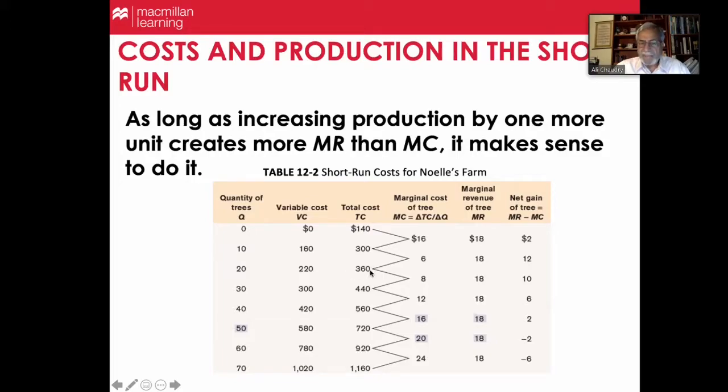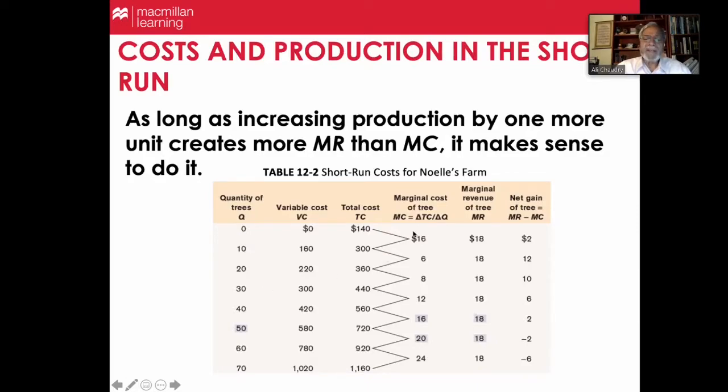In this case, what is the change in the total cost? It went from 300 to 360. So the increase in the total cost is 360 minus 300, which is $60. So $60 is the delta total cost.